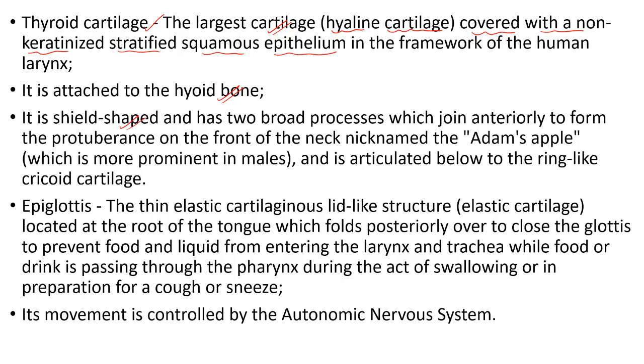It is shield-shaped and has two broad processes which join anteriorly to form a protuberance on the front of the neck known as the Adam's apple.